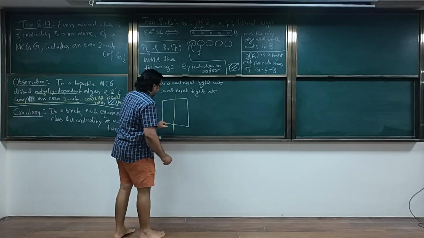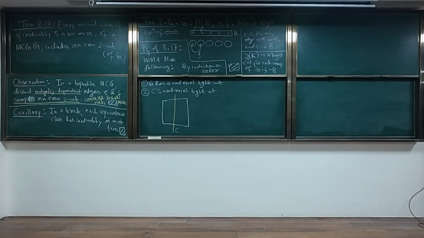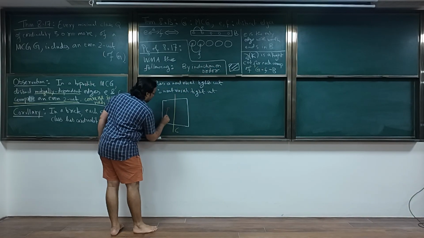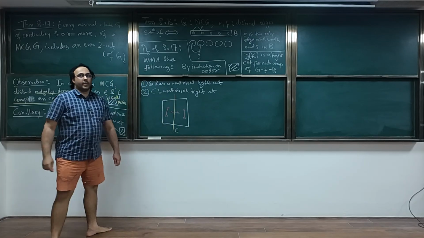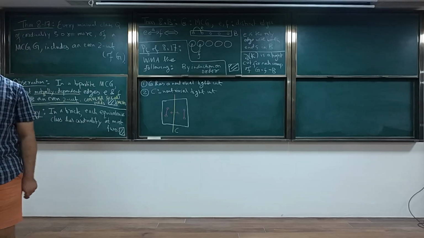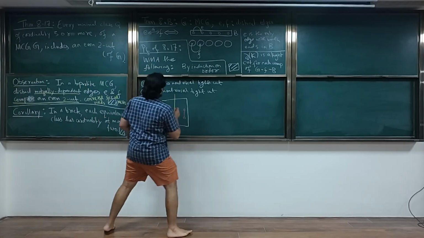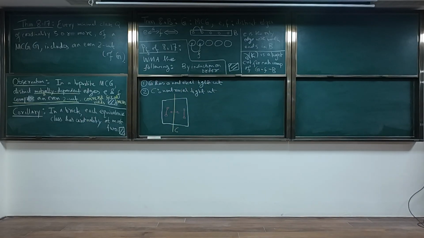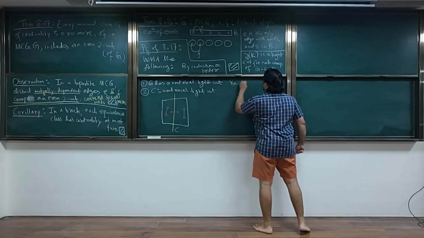Supposing this is my cut C, then in fact Q has exactly 3 edges, and the 3 edges look like this. One's here, one's here, and one is here. In all other cases, we are able to finish the proof by induction. Okay. So I should probably write G has a non-trivial tight cut, and the cardinality of the class is exactly 3. That's the only case where we are not able to finish the proof by induction.